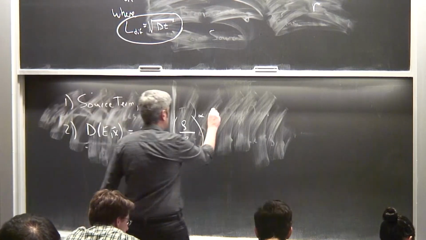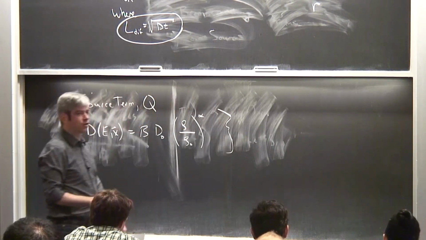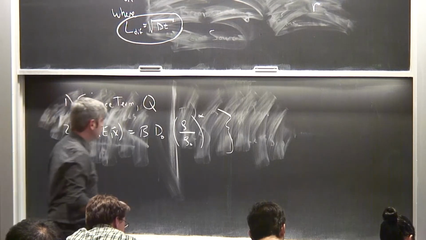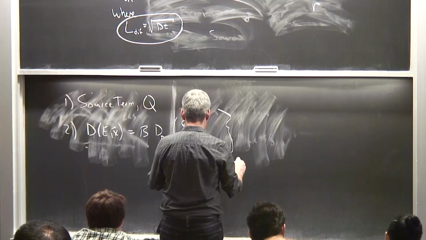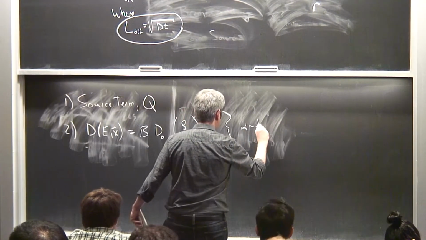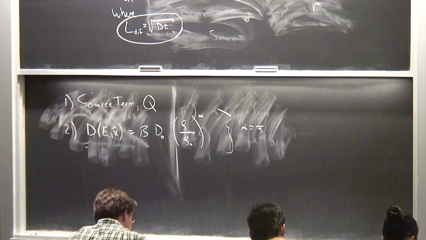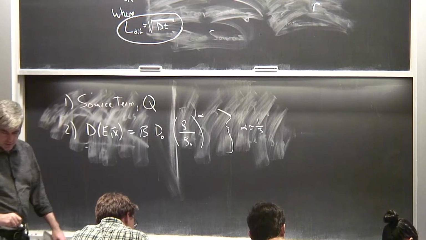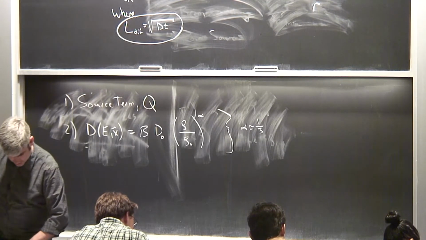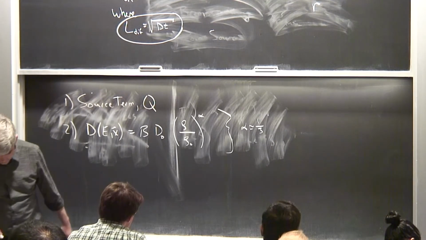Our best global fits to the cosmic ray spectrum, and I'll explain how this works later, find that this alpha is about 1/3. And I don't have D0 offhand. There it is.